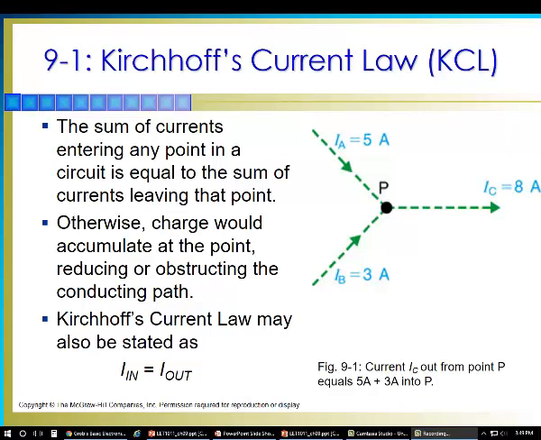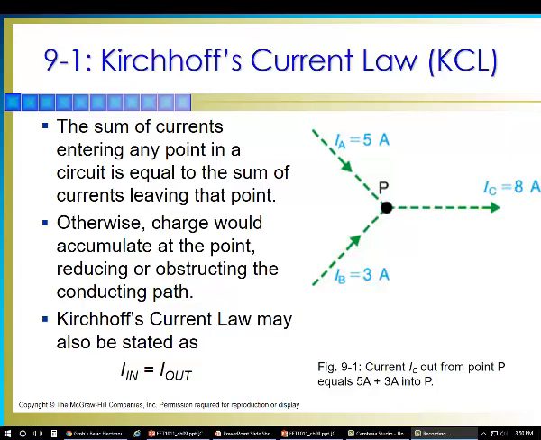What this law says is that at any given point on a circuit, mostly known as any node in the circuit, the sum of the currents entering that point must equal the sum of the currents leaving that point.